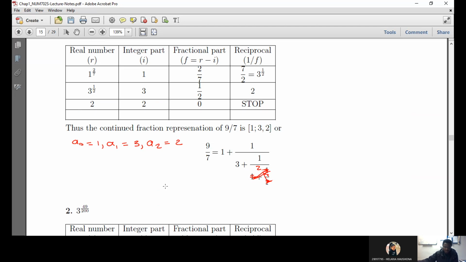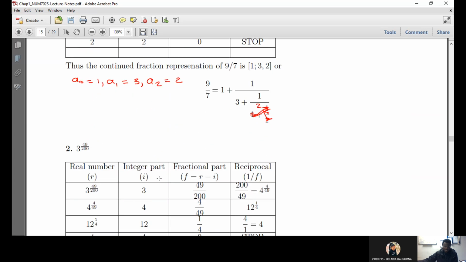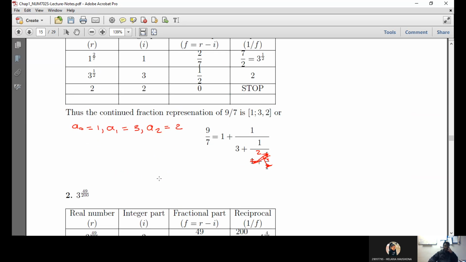Now, to be sure that your expansion is correct, it is simple for you to check that if you take an arbitrary number and expand, it will give you the correct answer. Now, let us check. That's where I will end. Let us check that this will give us that. So easy. We take this last fraction, we add these 2 numbers. If we add these 2 numbers, what do we get? This will be 7/2. 3 plus 1/2 is 7/2.